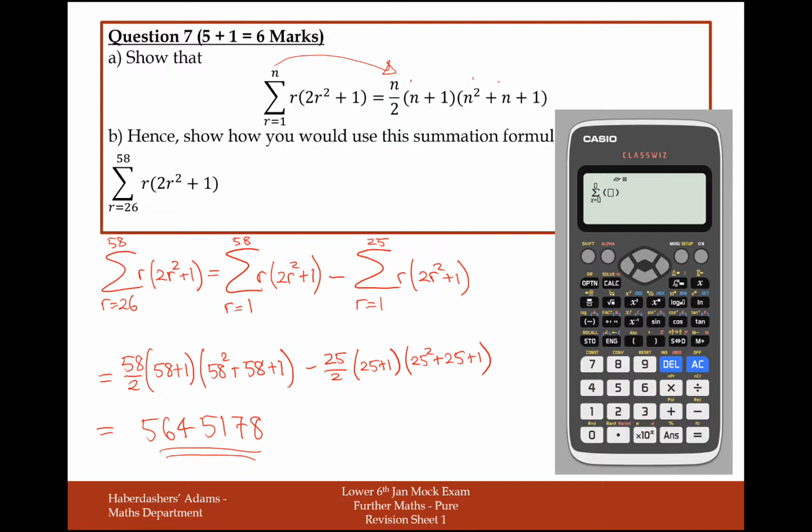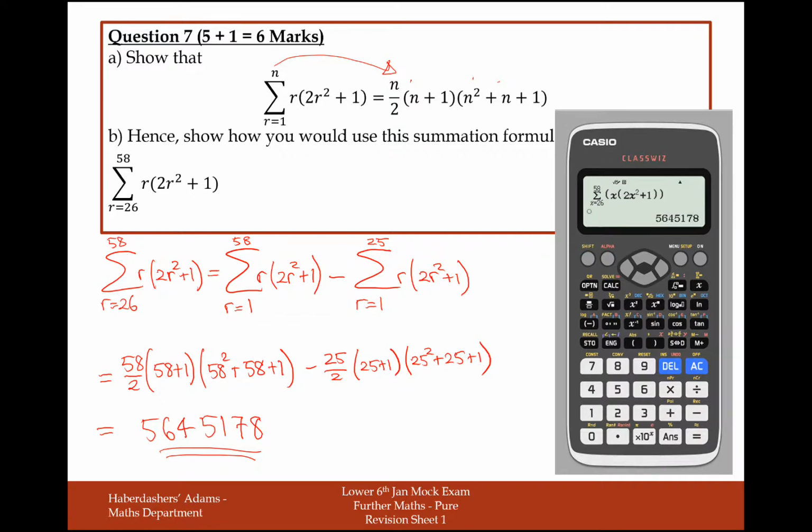Press Shift and then the X button to recall this summation function, and then you can substitute in straight away this summation from 26 up to 58 of our expression here. So what we have to do here is, using the up and down buttons, get the cursor in the right point such that you can substitute in the numbers 26 and 58 here.